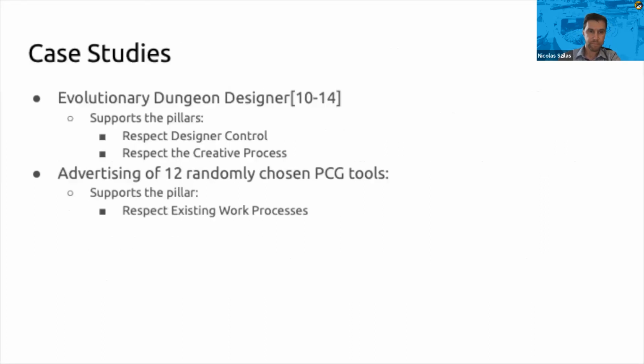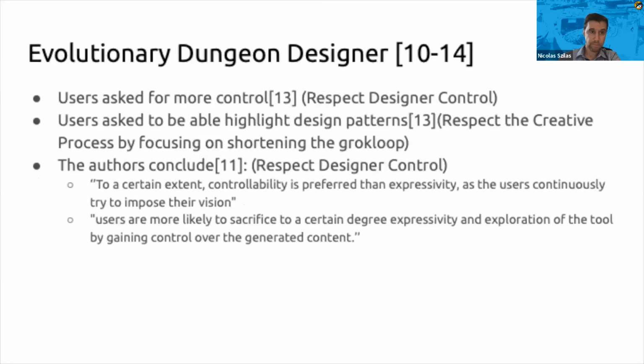To better support our argument, in the paper we look at 2 case studies. One focused on the pillars respect designer control and respect the creative process, and the last one focuses on respect existing work processes. If we look at the development of the Evolutionary Dungeon Designer, users asked for more local control and a way to highlight design patterns.